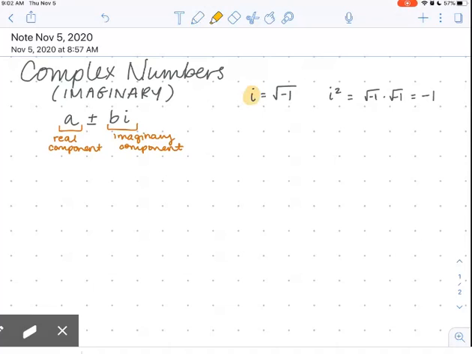So i is the square root of -1, i squared is -1. And then if we have i to the third, square root of -1 times the square root of -1 times the square root of -1, that equals -1 times the square root of -1, which is i. So this is -i.